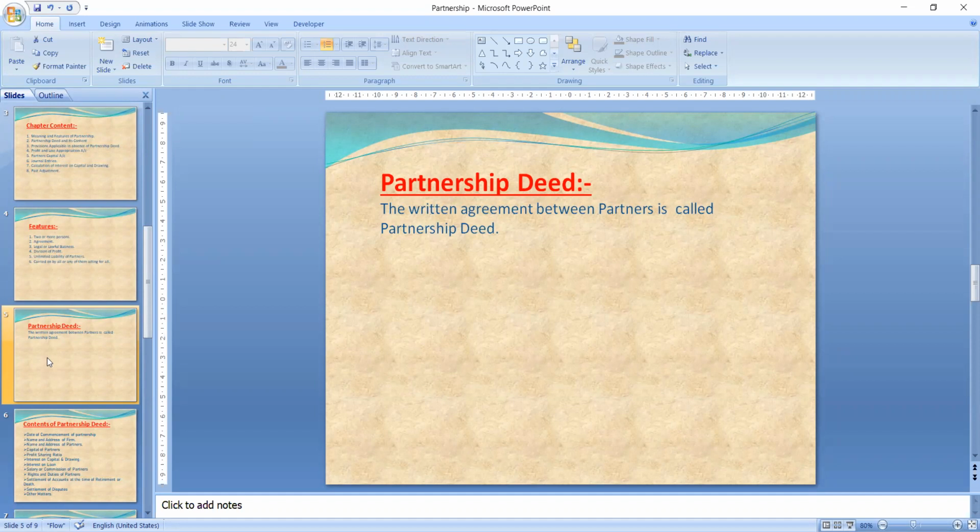If we have any dispute in future, we can go to the court and say that it is written in our partnership deed and the other partners are trying to ignore it. Then the court will have proof and judgment can be given in our favor. So to avoid future disputes, or to resolve disputes arising in future, the partnership deed is prepared.